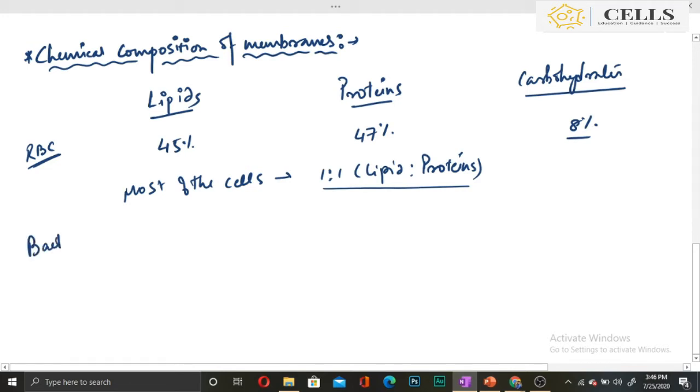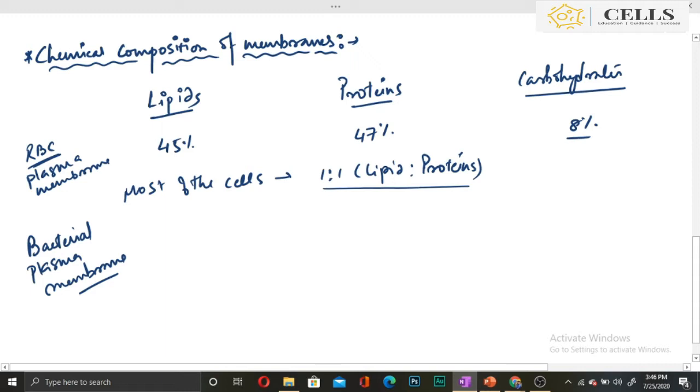Now we are talking about the bacterial cell, or the bacterial plasma membrane. So this is the bacterial plasma membrane, and this is the RBC plasma membrane. See this very carefully.